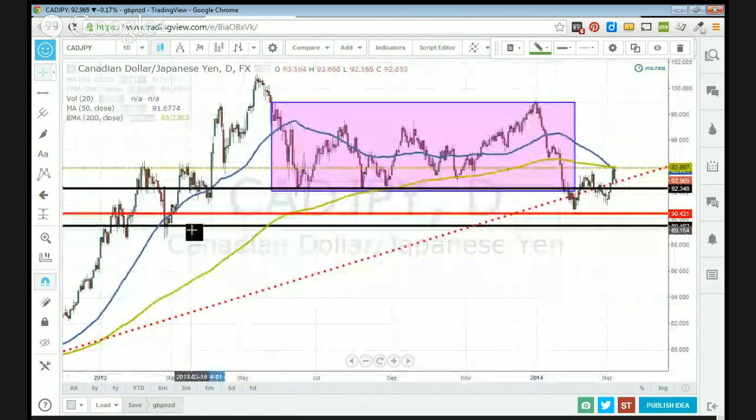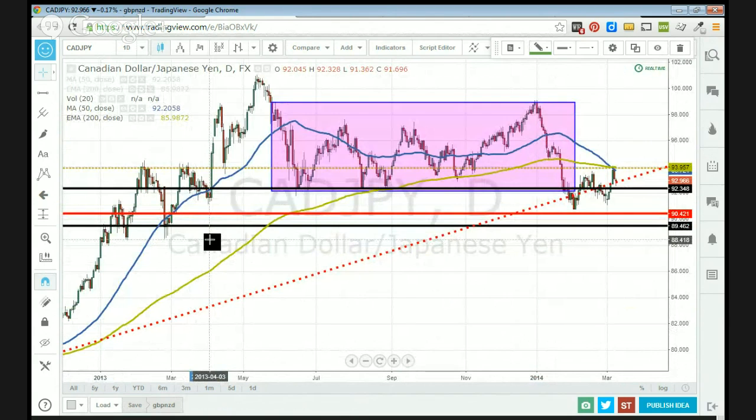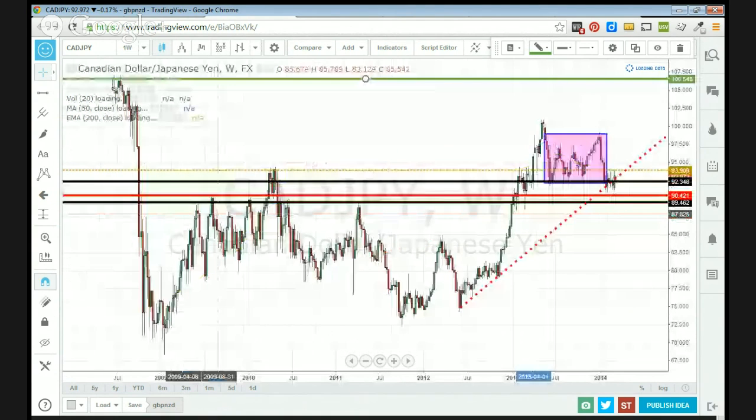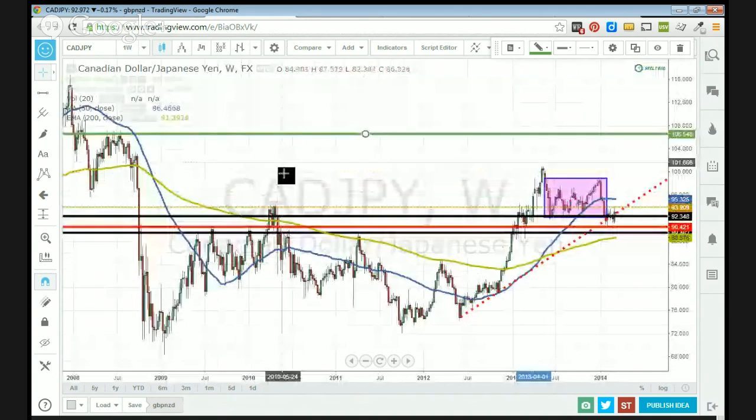It'll be long at 92.34, stop at 90.42. So we're risking 92 pips, I believe. Yes, 92 pips. You'll see the target on the weekly chart, which is probably a clearer way of looking at it.